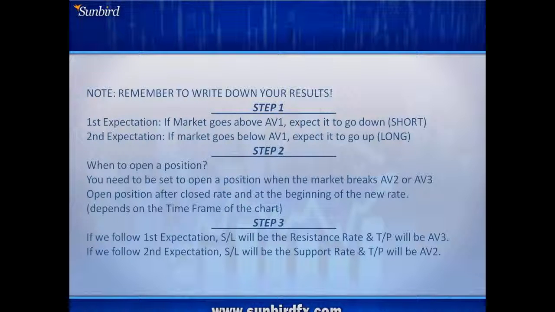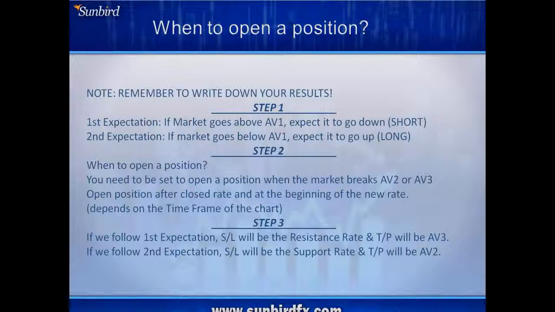So let's review again our first and second step. First step, you have your 2 expectations. The first expectation is, if the market goes above average 1, expect it to go down. Second expectation, if the market goes below average 1, expect it to go up, meaning long.